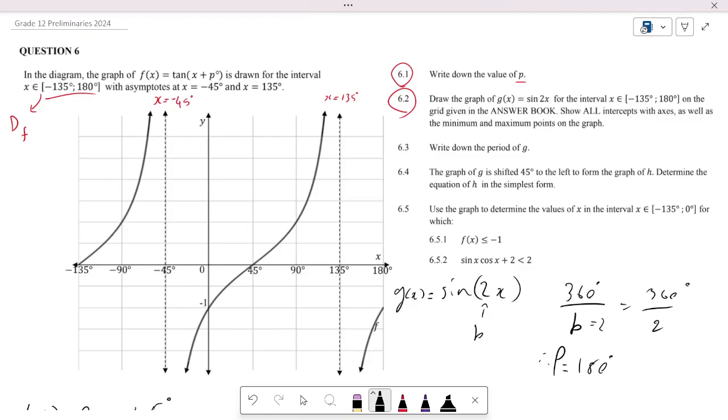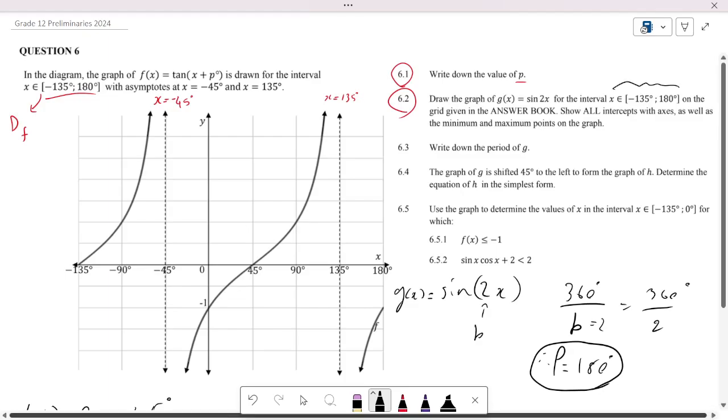But as you can see over here, in this domain, it is going to end at 180 degrees, so somewhere here. There is no horizontal shift or vertical shift, so therefore we are going to start at 0.